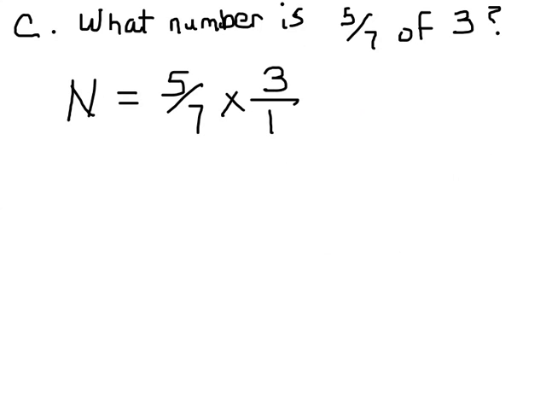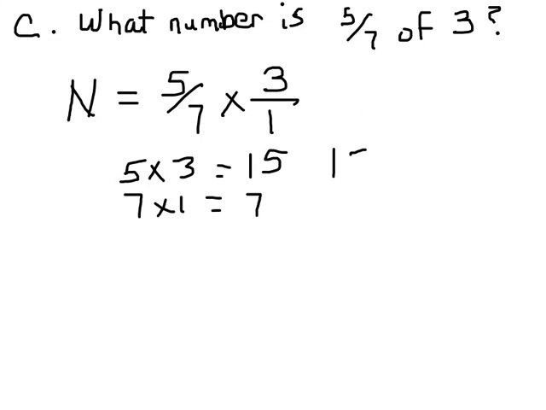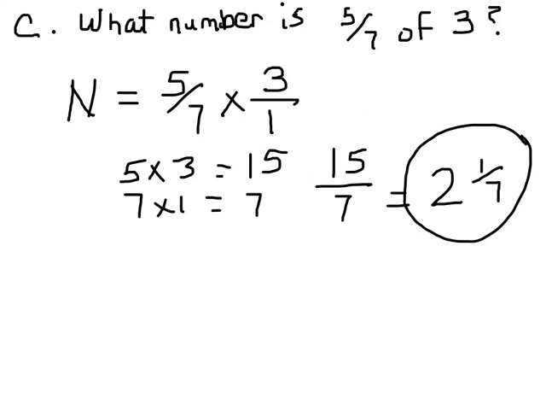I see here that I cannot. So I'm going to say 5 times 3 is 15. And 7 times 1 is 7. And 15 over 7 equals, 7 will go into 15 2 times with 1 left over. 2 and 1/7 would be our answer.